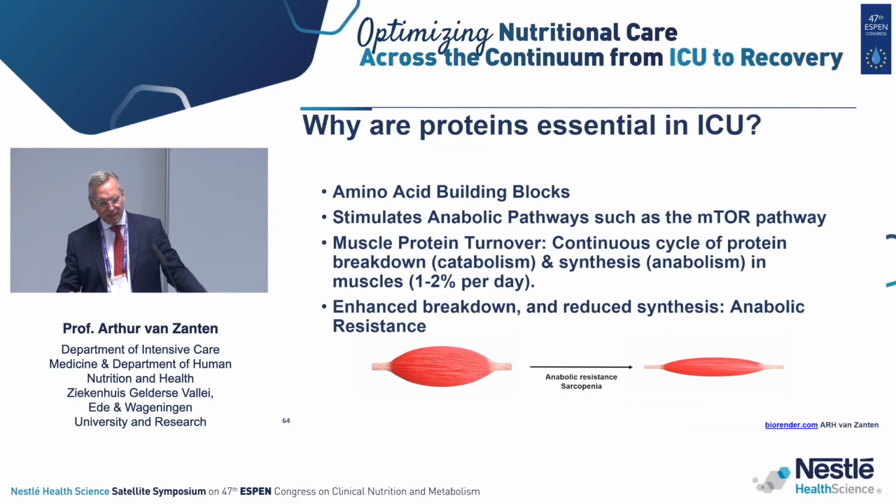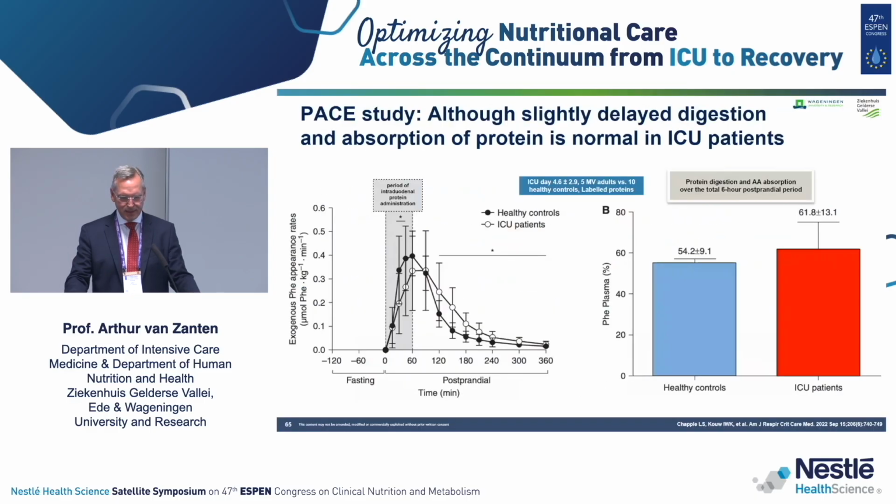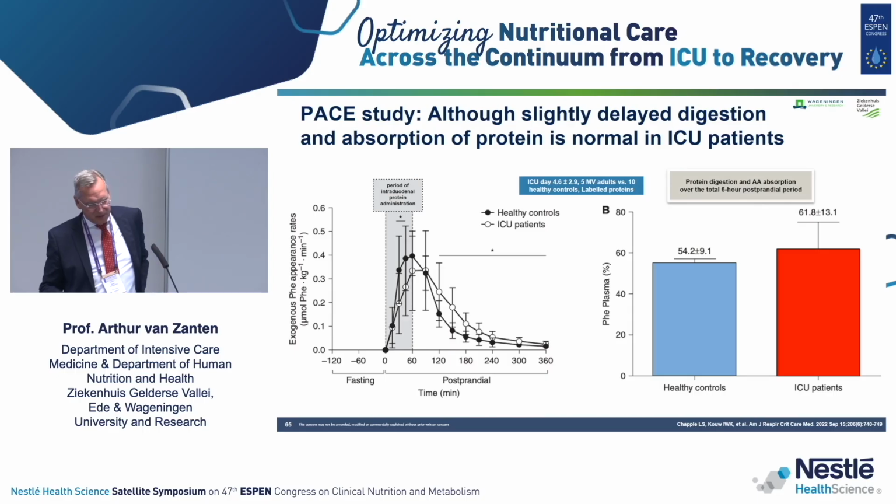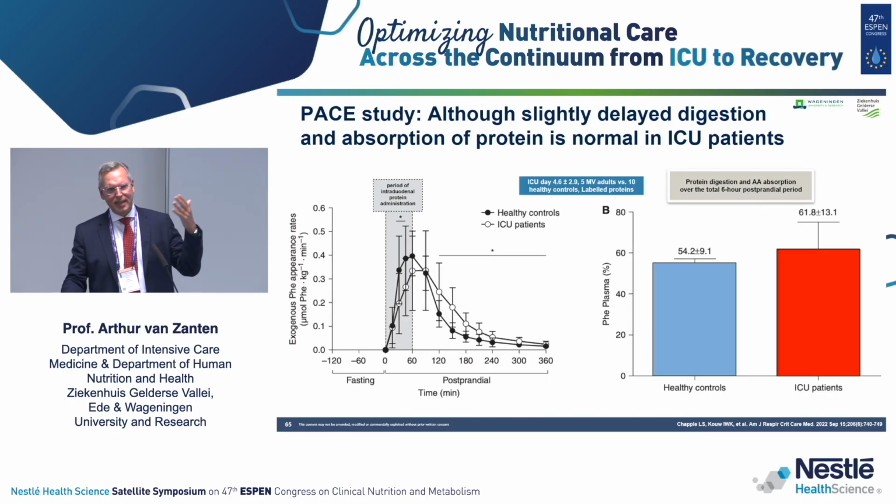Now, why are proteins essential? Of course, the amino acids are the building blocks, and they can stimulate anabolic pathways. But we've seen enhanced breakdown and reduced synthesis, so there is a problem in the ICU. This is an elegant study by Leanne Chapple and Imre Kau from Australia, and they showed that in ICU patients on day 4, using labeled isotopes of whole proteins, the digestion and absorption of the amino acids is normal.